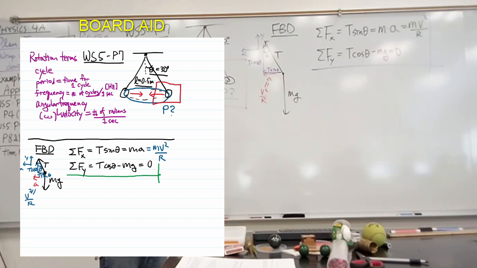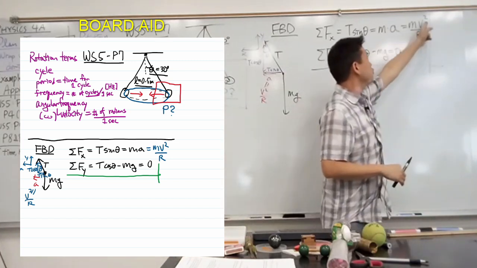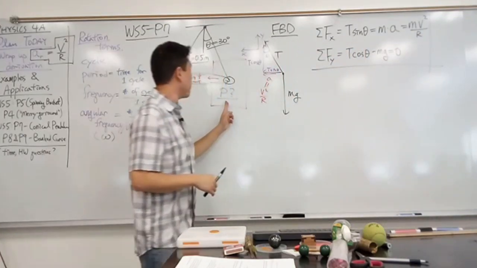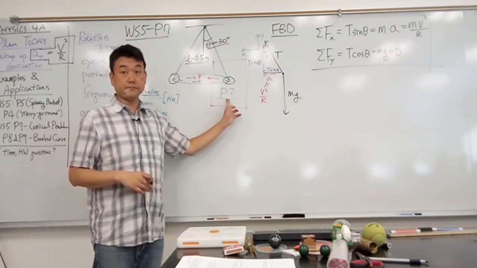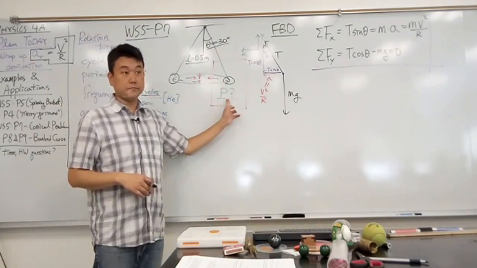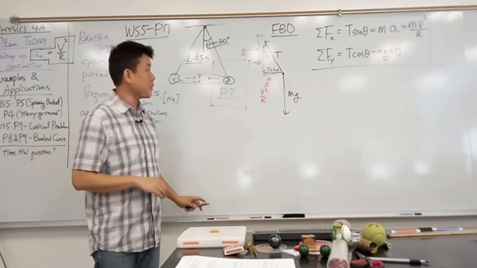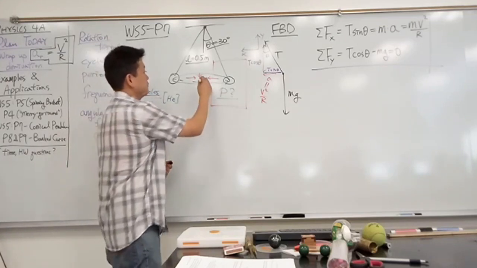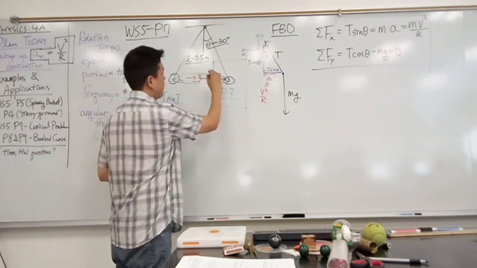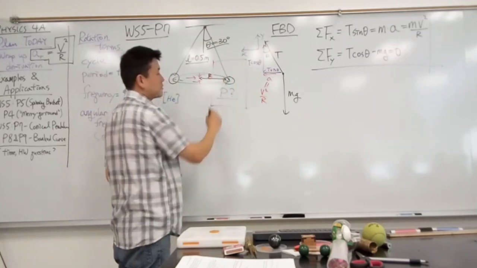Any idea how we might be able to use these to relate to the period? Yes. Okay, Abdi, how? We have a radius over there. And through radius, we have a circle motion. So let's say I have radius, and I have some sort of velocity.